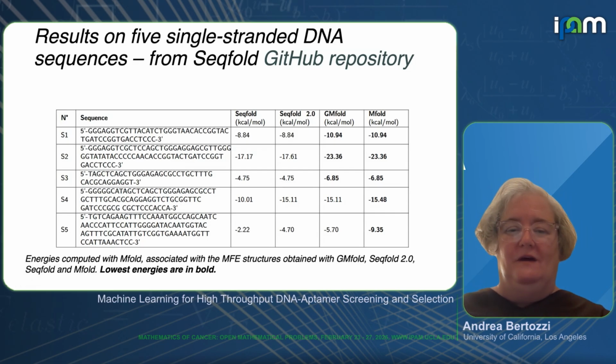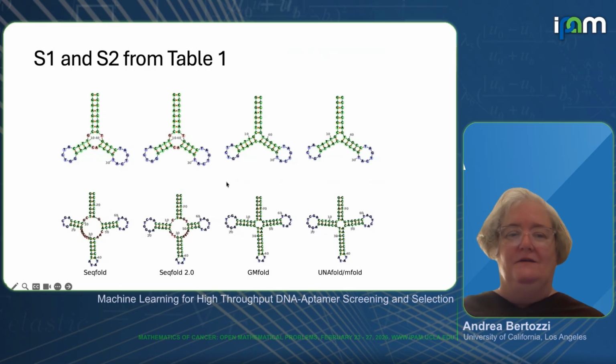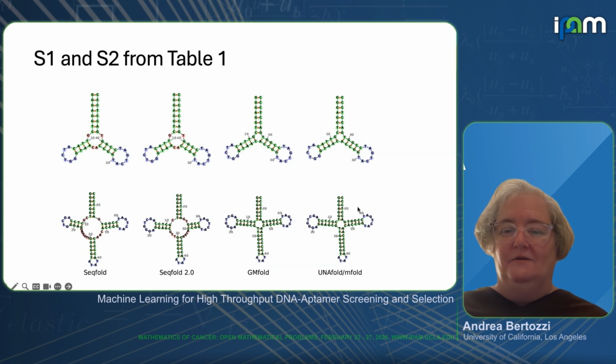The errors are more at the level of maybe using the wrong energies for things. And shape-wise, here's our code in the third column. This is the M-fold. You can see the SecFold code and SecFold 2 are giving a larger multi-branch middle region than what we're getting over here.